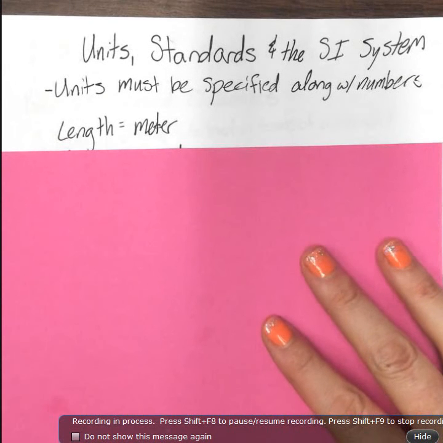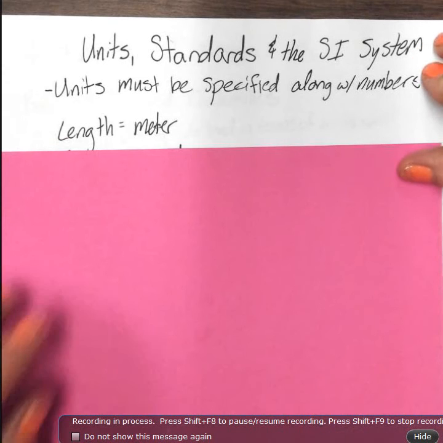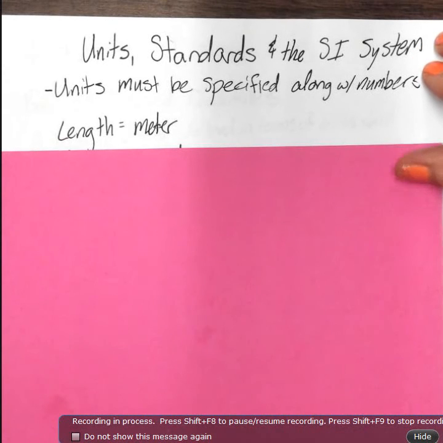Alright, so measuring length is done in a meter, and you should notice from your text that length was originally established to be a fraction of the distance between the equator and the pole. A calibrated rod was established to be exactly 1 meter.